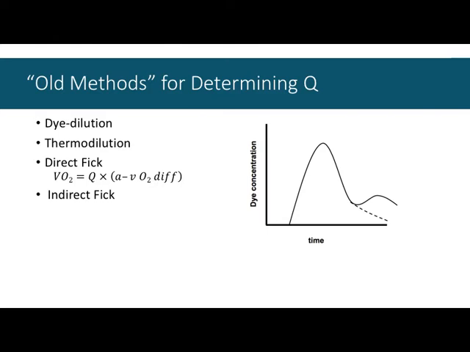And then measure in a separate part of the vasculature when that dye came around, when it was circulated. And you can tell based on how quickly it was circulated and how dilute the dye is when you monitor it, how quickly flow must have occurred.